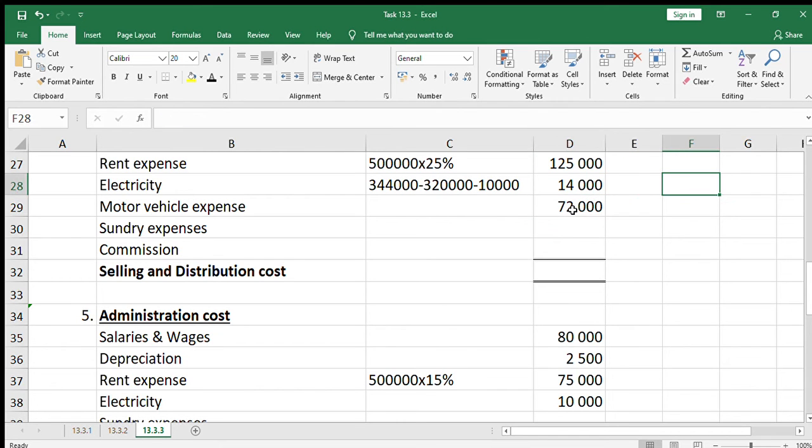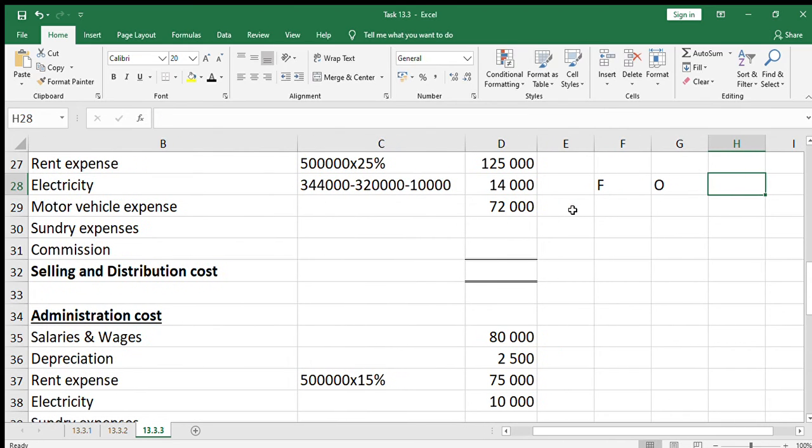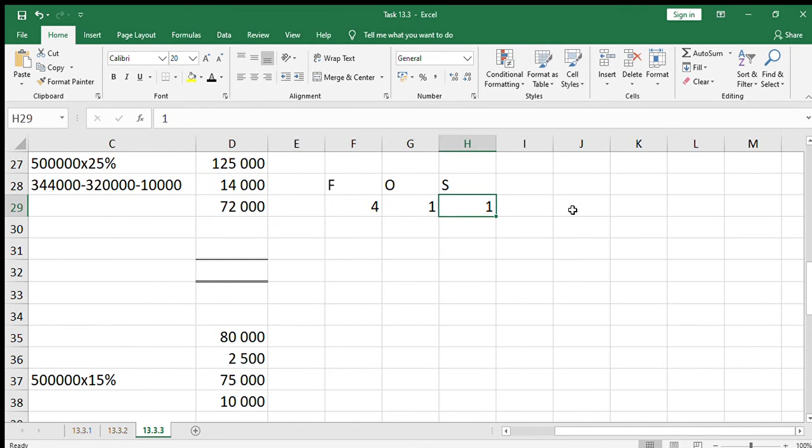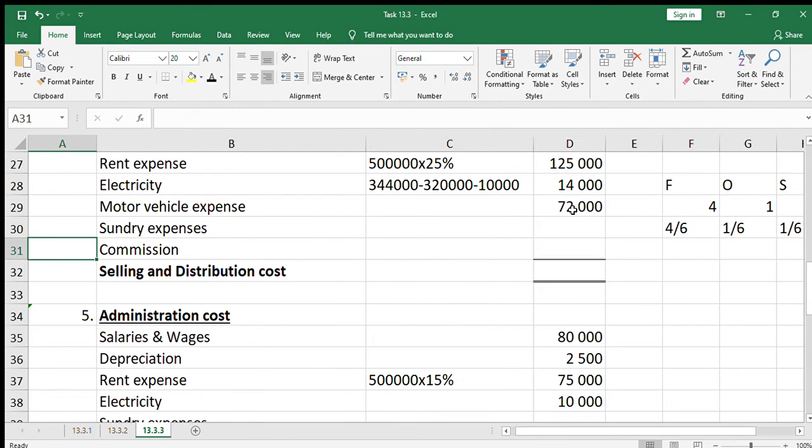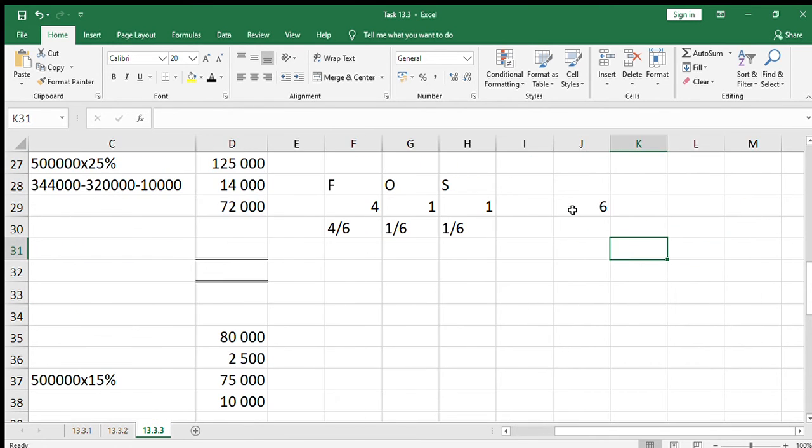So remember we have the factory, we've got the office, and we've got the sales, right? And the ratio is 4:1:1. So we can add up all of these, so that will give us 4 plus 1 plus 1, which is 6. So the factory is going to get 4/6. The office will get 1/6, and the sales department will get 1/6. So the amount is 90,000, and that's the way it needs to be split.